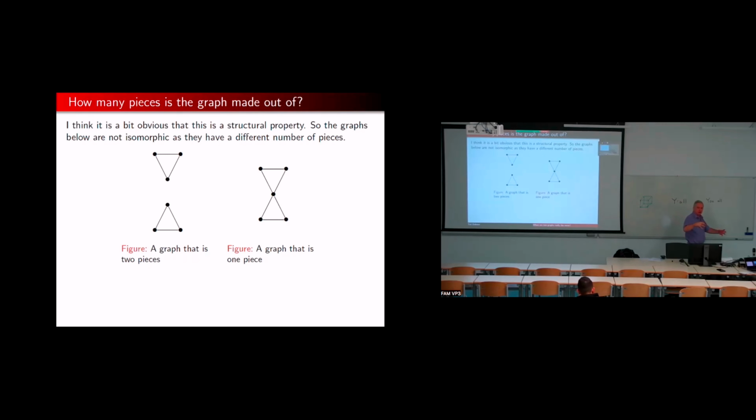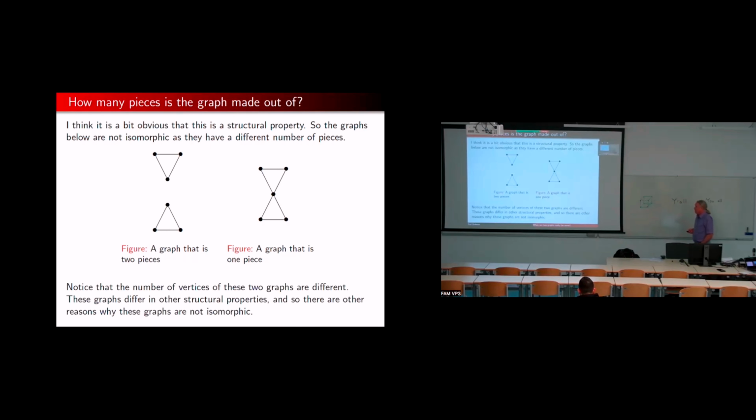So these are very similar graphs, but they have two different numbers of pieces, two pieces on the left, one piece on the right, so they are not isomorphic either. I'm going to just make the obvious point. The one on the left has 6 vertices and 6 edges.